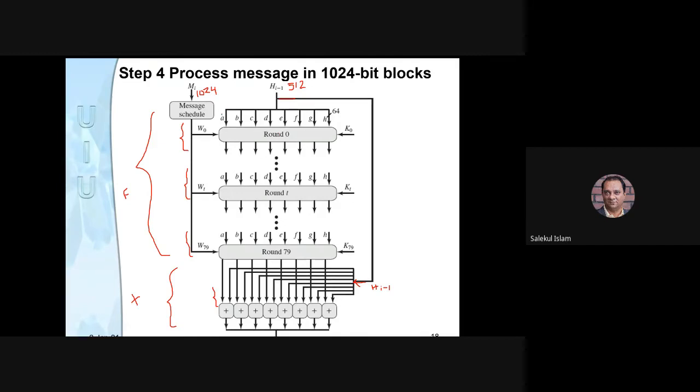What I'm going to do here, I start with register A to register H, then the output of the round function will also be assigned inside the same registers. So from A to H, we are using the same registers repeatedly. Why am I using registers? Because registers are way faster than using variables.